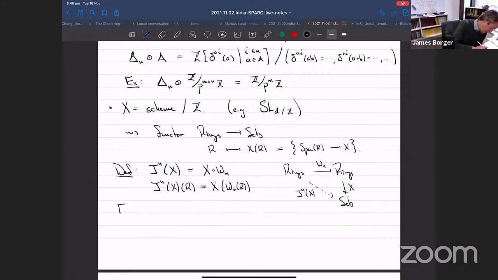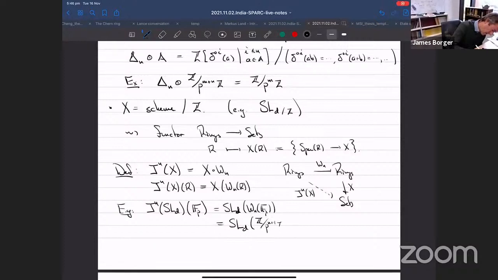So for instance, say we take J_n of SL_D of F_p. This is just SL_D of the nth Witt vectors of F_p, which are of course the integers modulo p to the n plus 1, according to the normalization in these lectures.